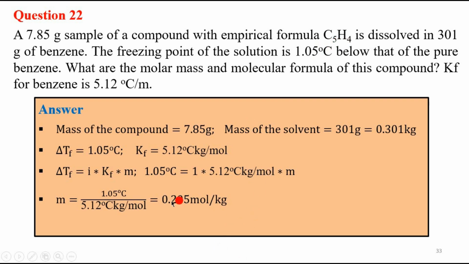The molarity is moles per kilogram. So we take delta Tf, 1.05, divide by Kf, times 1, and we get the molarity. Molarity is equal to 0.205 mole per kilogram.